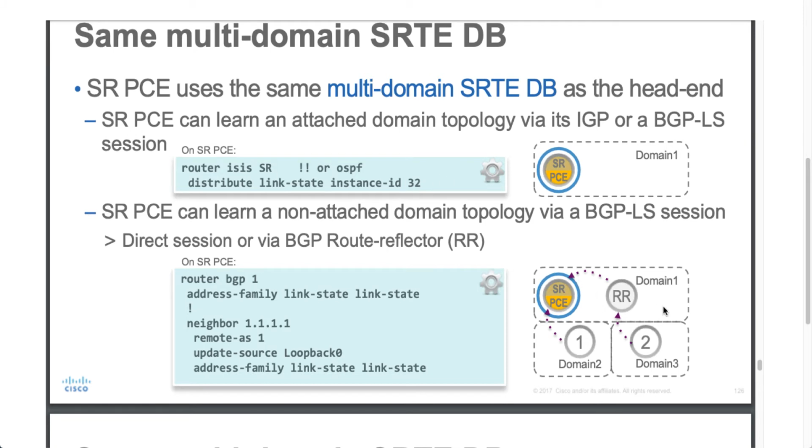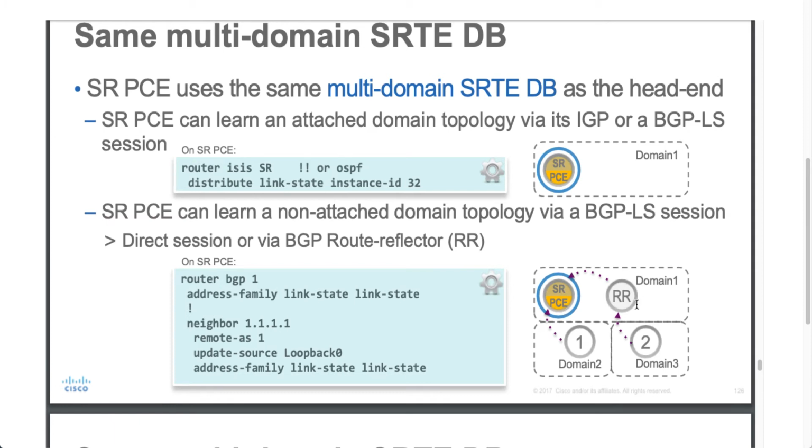If you take a look at this particular example, we have a couple of domains. To identify these domains to SR-PCE, when we are distributing the link state, we can add something called an instance ID. So I can say this is instance ID 1, this is instance ID 2, this is instance ID 3. That way, when any kind of update comes in, SR-PCE knows that this update is coming from domain 1 and needs to go into domain 2.